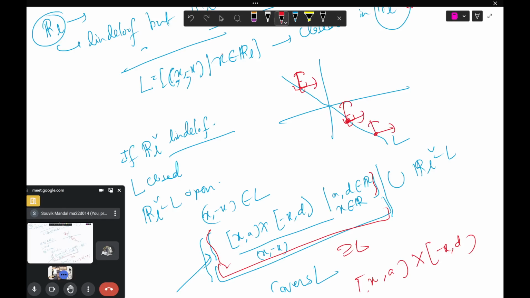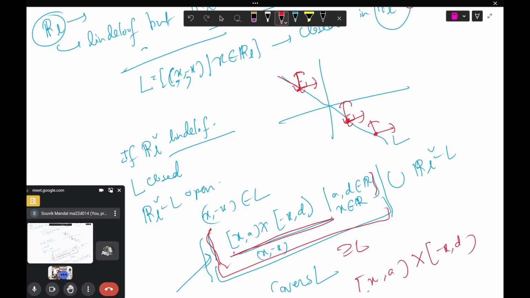Do you understand? What we get is that this type of open set covers L, and each of them intersects the line L at exactly one point, right? If only a countable subcollection of these open sets covers the whole of L, that is not possible, because each element intersects L at one point, and the line L itself has uncountably many points.